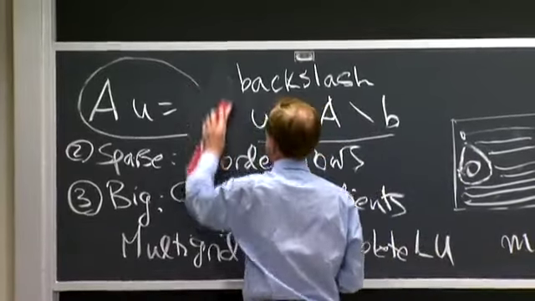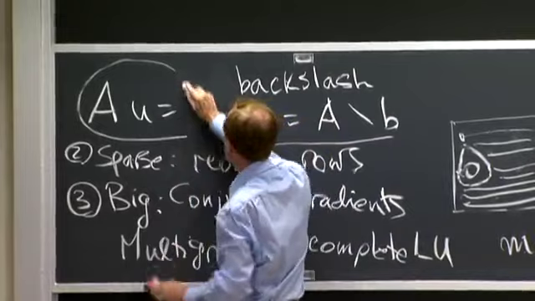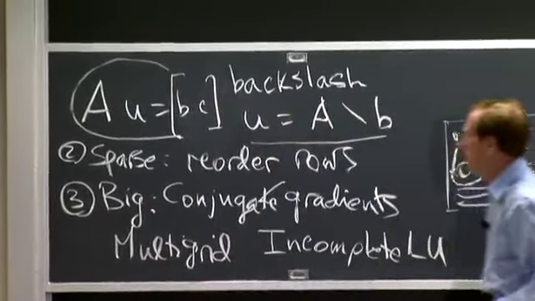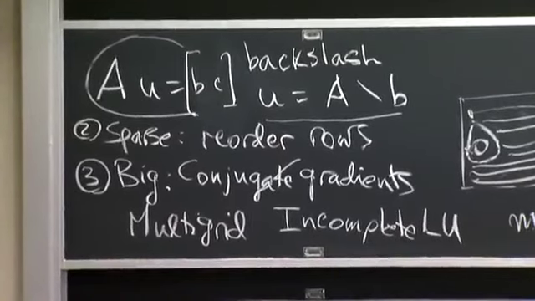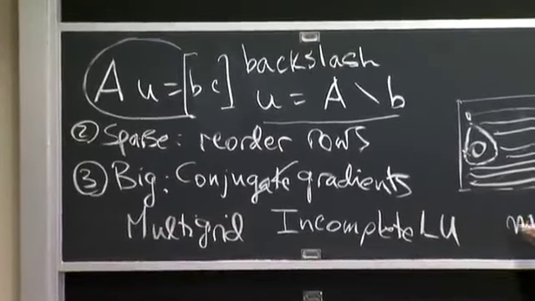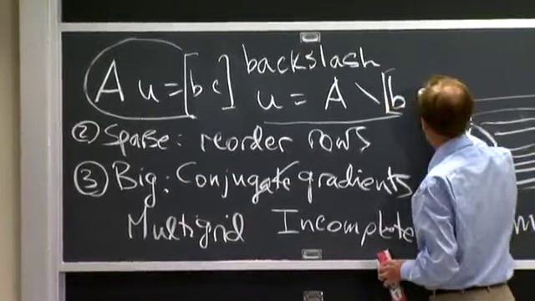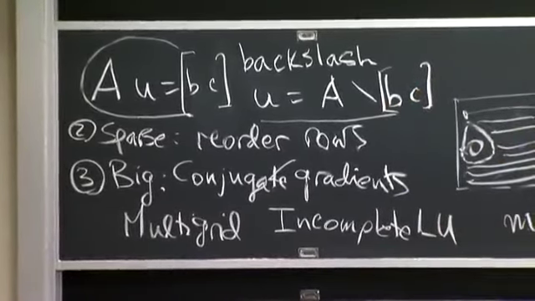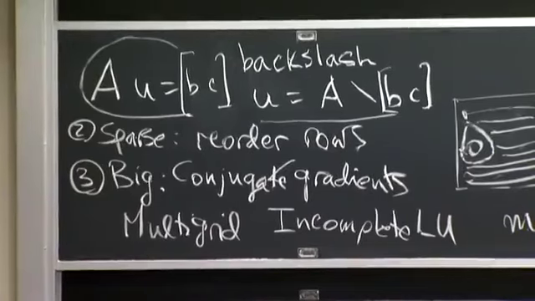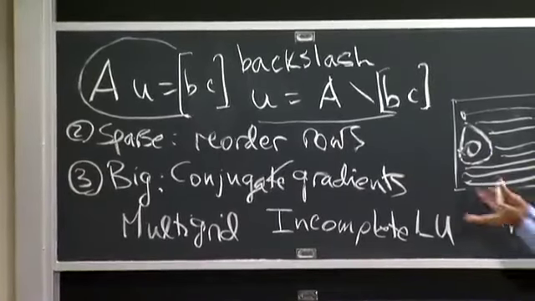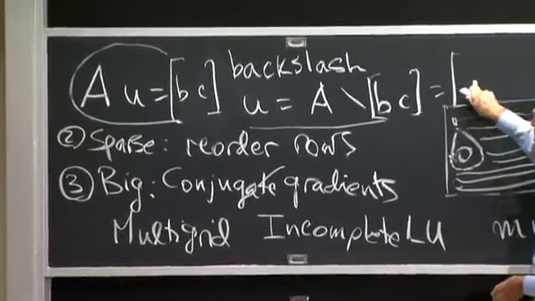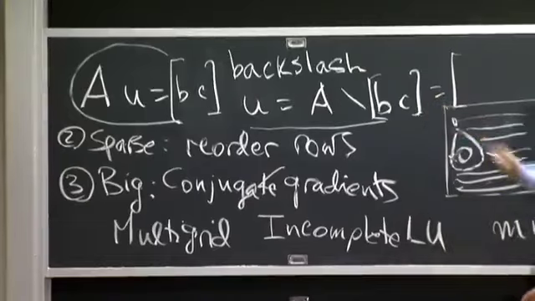I'll make a matrix. I mean, this is what MATLAB would always do. Put those two right-hand sides into a matrix. Then backslash is happy with that. That backslash command would solve both equations. The answer would have two parts to it. What would be the first column of U then?